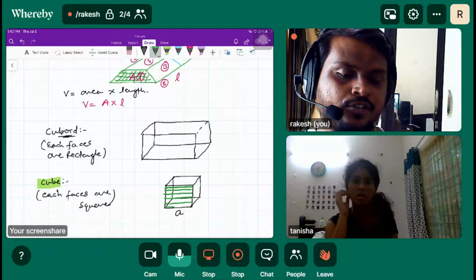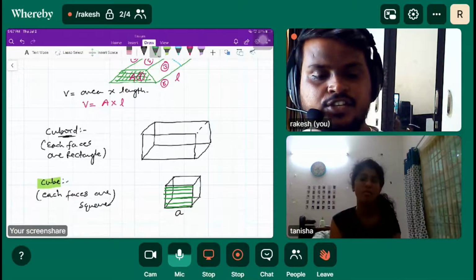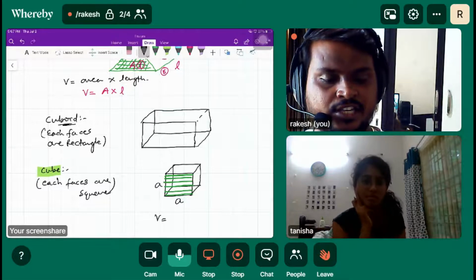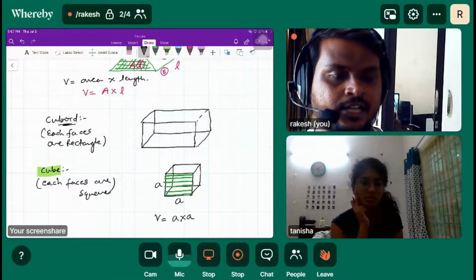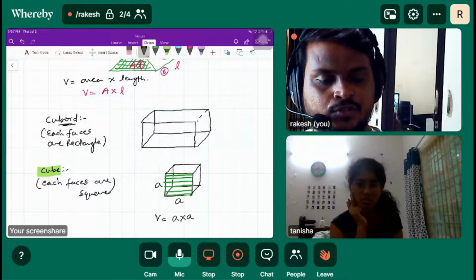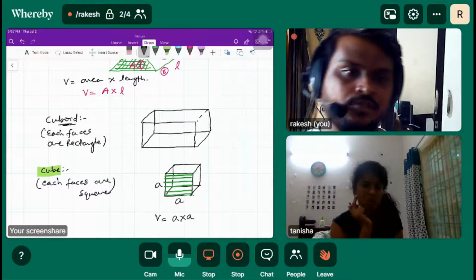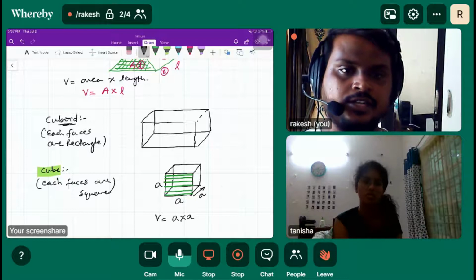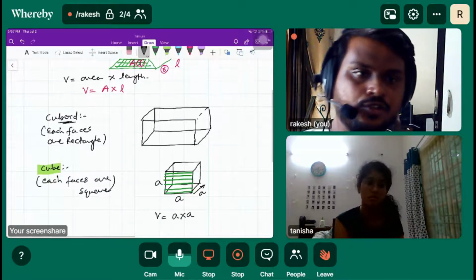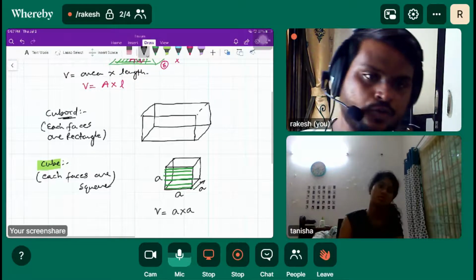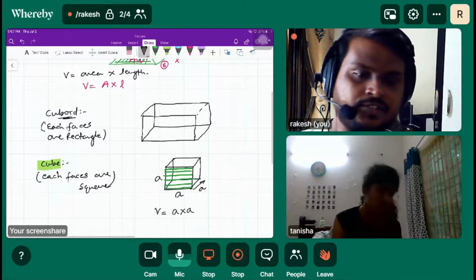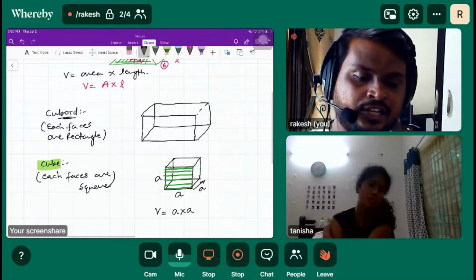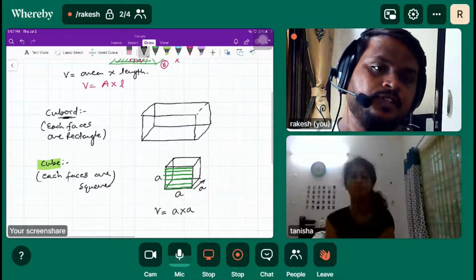So first we find the area of the cross section, a into a, right? And the length, which is a, going inside the page. So area into length.